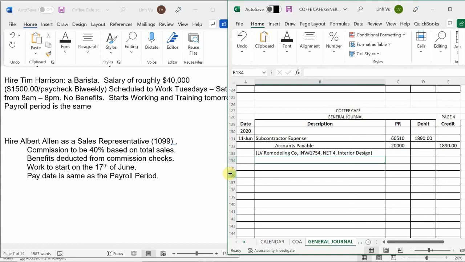Okay? So in this case, he is commission based. He's not going to get paid on an hourly rate. He's going to be paid based on how much he sells, and it's going to be 40%. Now in this case, if he's a 1099 person, he's not a worker. Okay? He's not considered an employee. Now, if he's not starting to work for us until June 17, which is when we actually open our store, so in this case, do we need to journalize him?